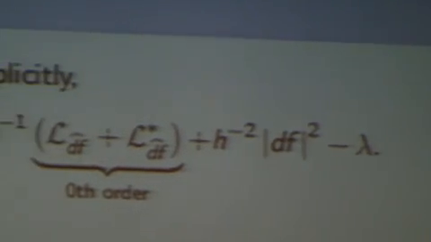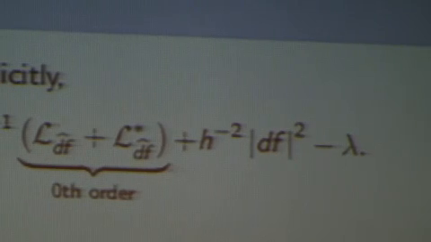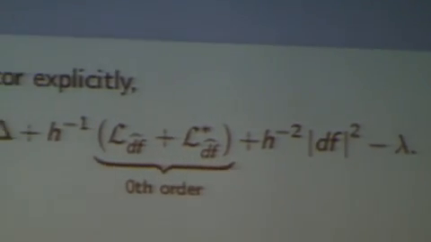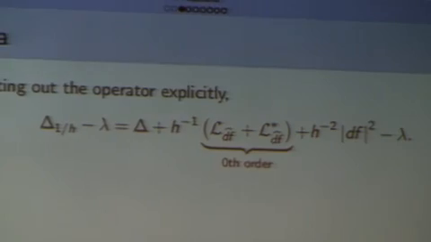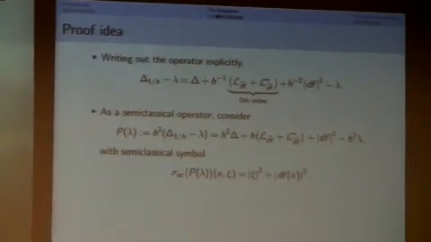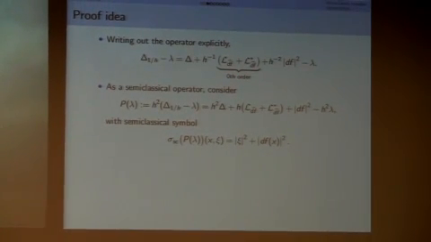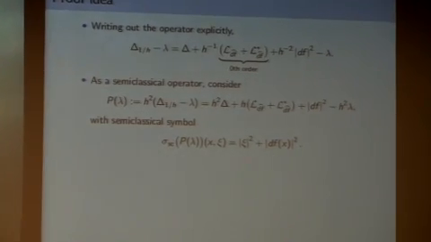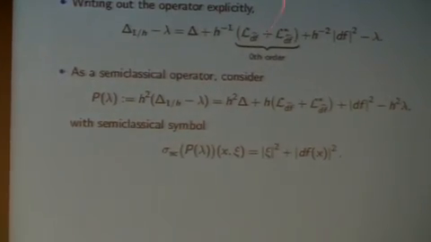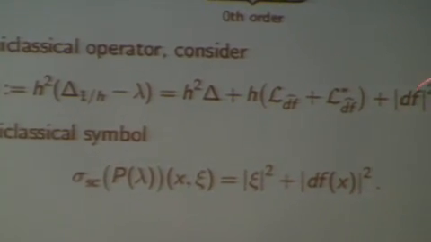That's multiplied by h to the minus 1, and then h to the minus 2 times |df|^2. So now, you'd like to do this as a semi-classical problem. And in order to do that, I'd like to see h squared times the Laplacian here. So if you multiply by h squared, you get a semi-classical operator with a semi-classical symbol, c squared plus |df|^2.